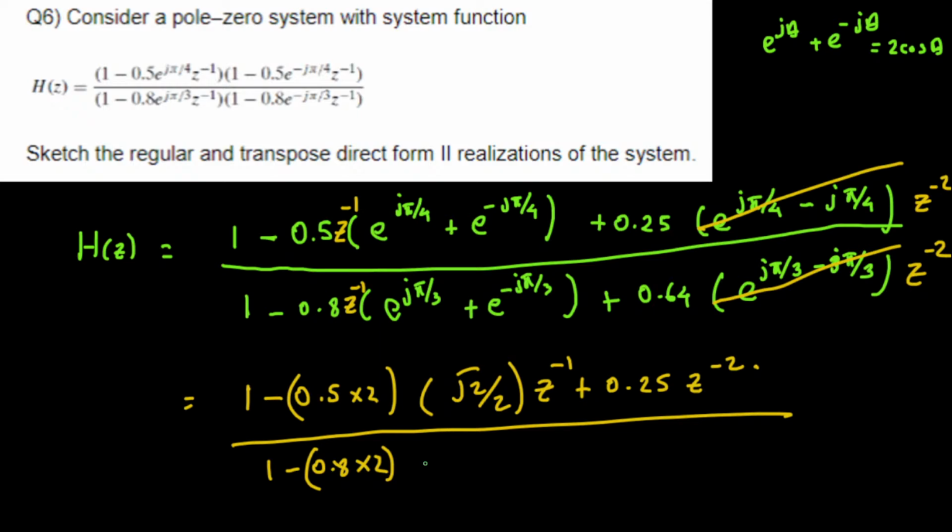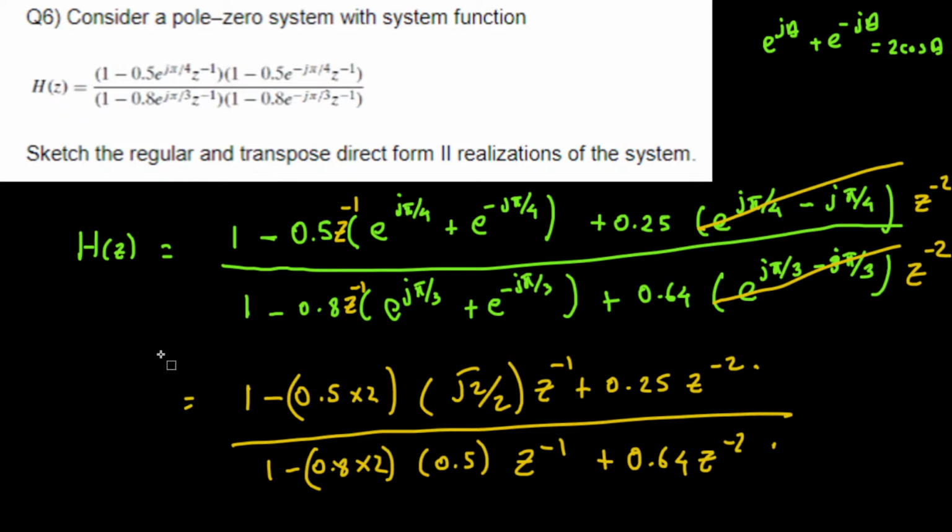Cos 60 is 0.5, so we are going to have 0.5 here, and then z^-1, and then here we have 0.64 z^-2. Okay, so let's look at this one. This is 0.5 times 2, which is 1. So we are going to have this one remaining the same.